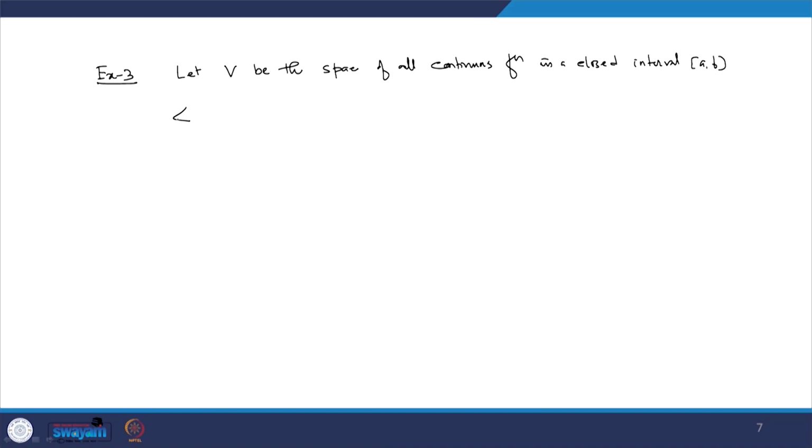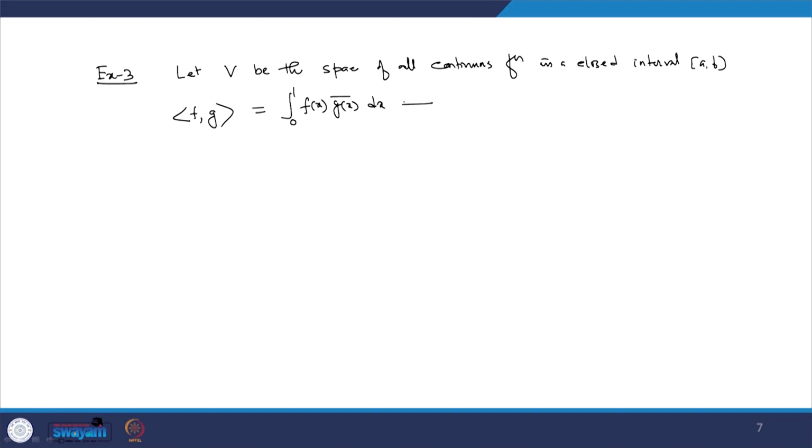So, I am writing now, for the sake of simplicity, that for any elements f and g, the inner product f comma g is equal to, I am defining as, the integration from 0 to 1 of f of x and g of x bar dx.